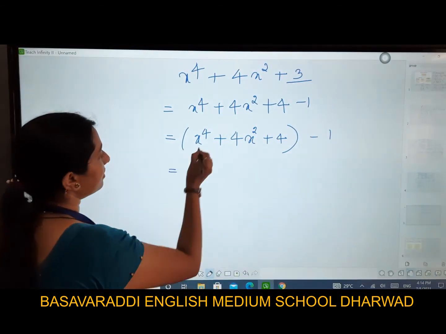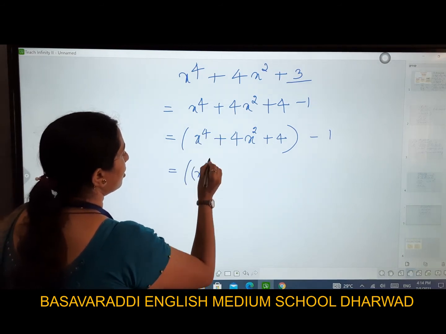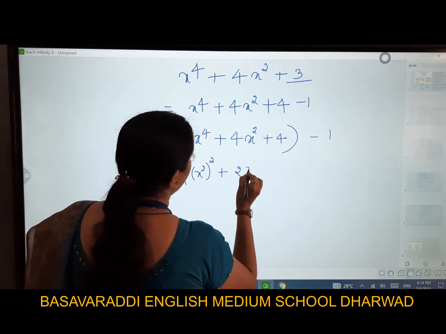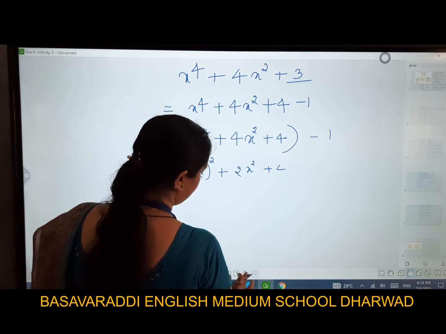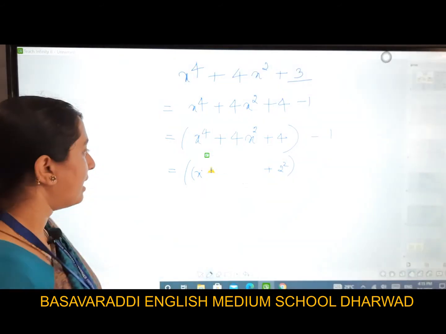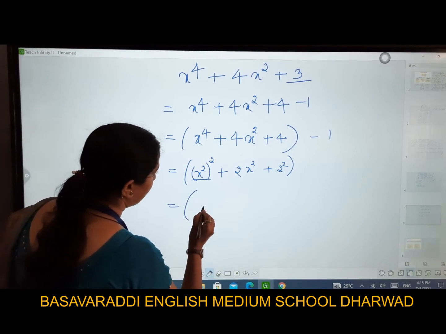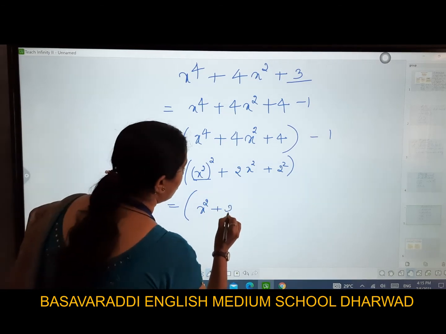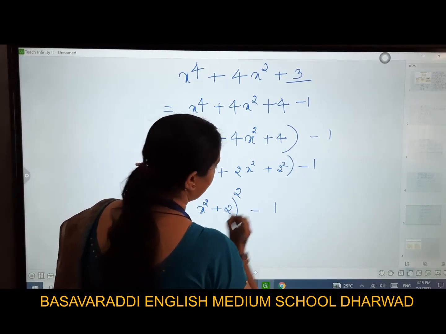Here if you observe, x raised to 4 we can obtain only when we have x square whole square, plus 2 into x square plus 4 can be written as 2 square. Now if you observe, it is in the formula a plus b whole square. So in a's place we have x square, so we have here x square plus 2 whole square. Here minus 1 is as it is.